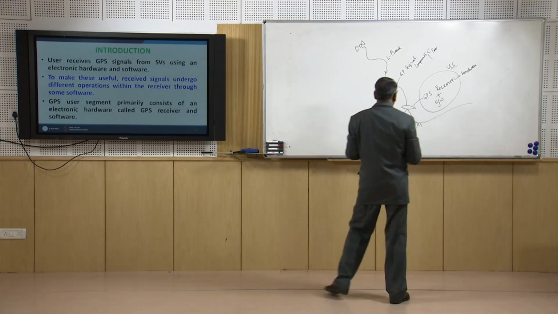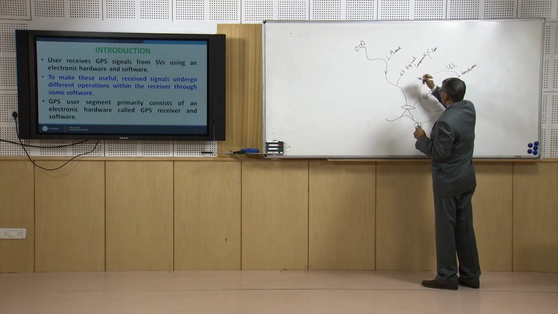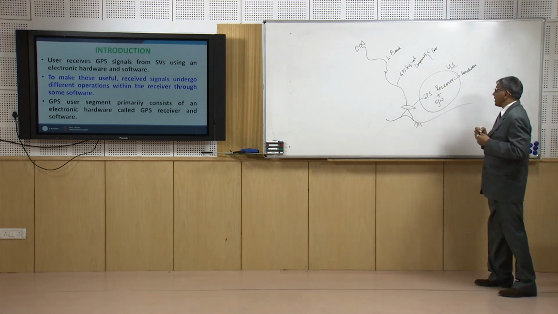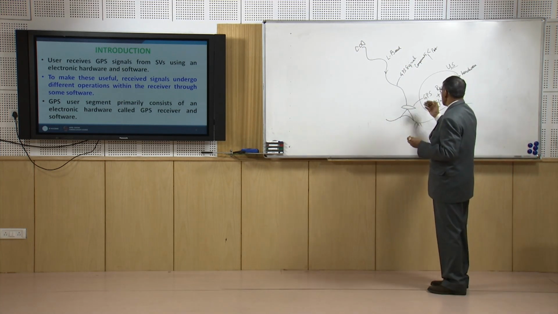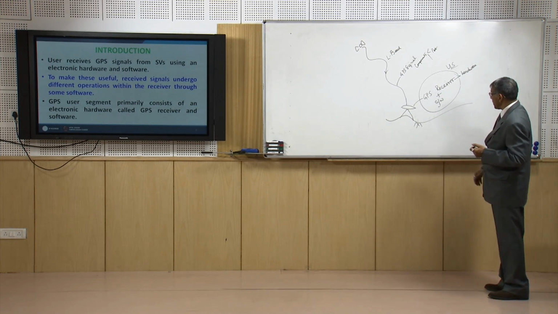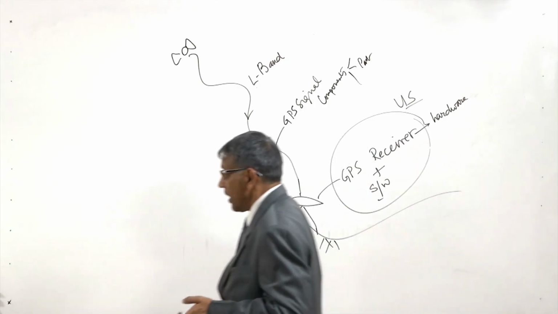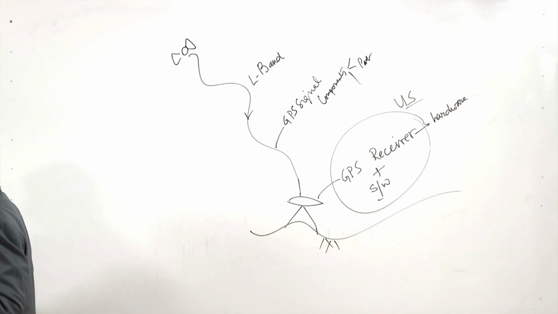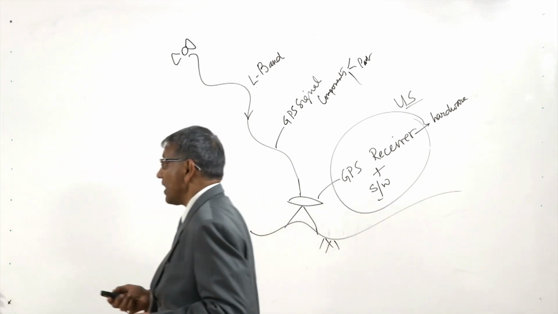Now we need to know how to make use of these components by using different types of receiver or different types of software, and that is what I am going to tell in this class.